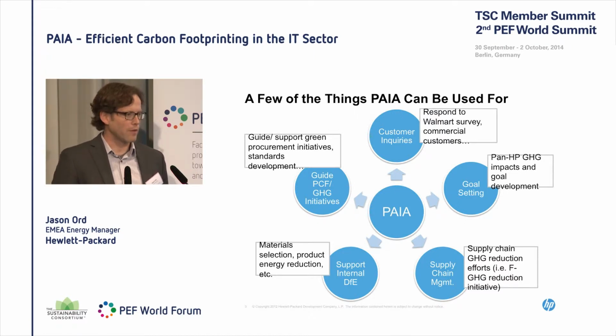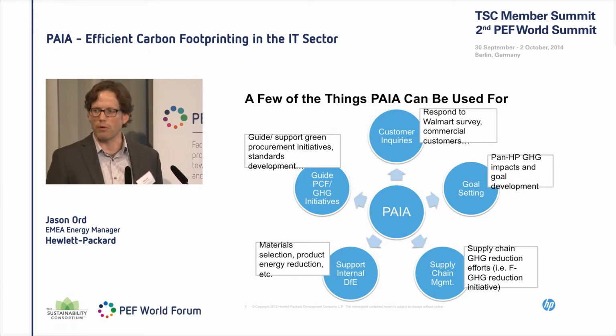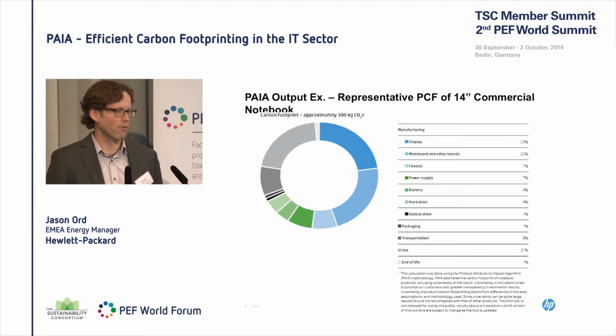It's used internally within HP for design for the environment. I'm very passionate about good design, and I think design for the environment is an important part of good design. We use it for customer inquiries, like I mentioned before. We also use it within HP for reporting out our corporate carbon footprint and for developing goals for reducing that.